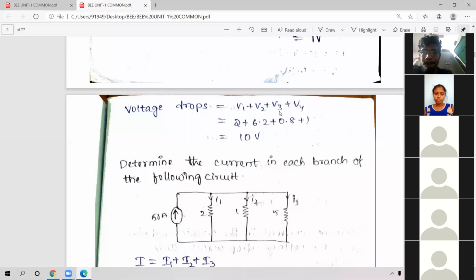Write down this problem. Determine the current in each branch of the following circuit. Here 50 amps is the current source. Current source is indicated with an arrow mark. Previously, how was a voltage source indicated? With dashed lines.